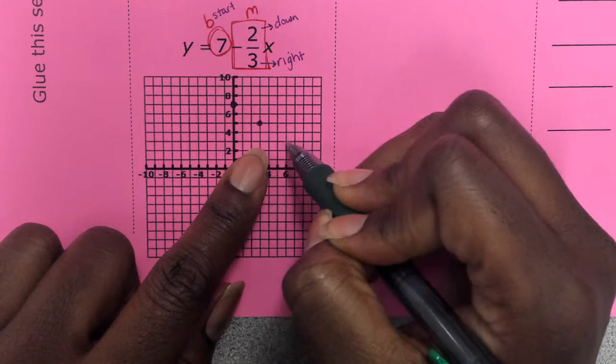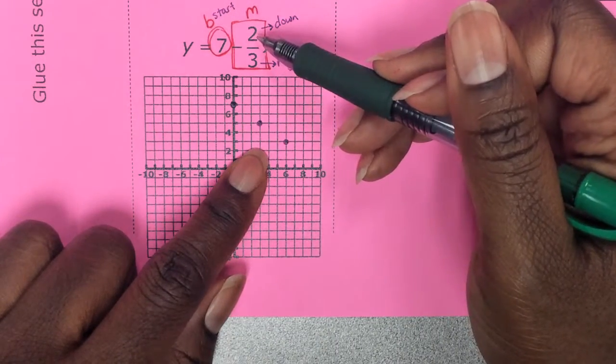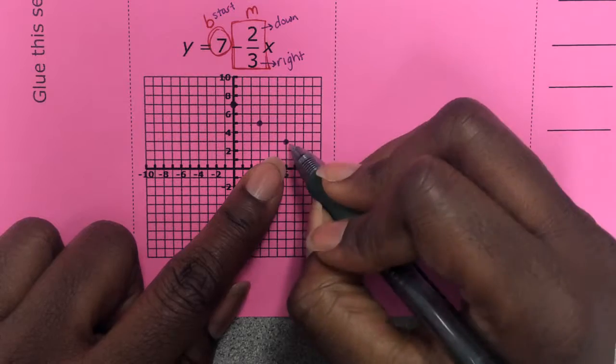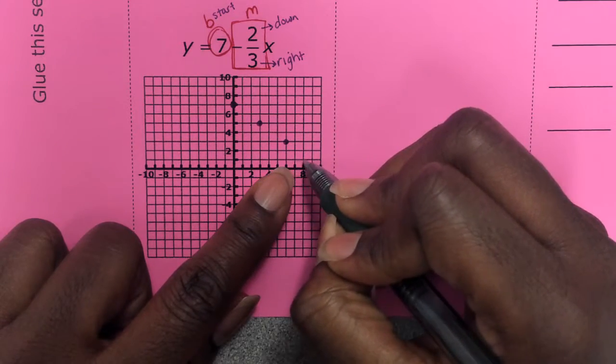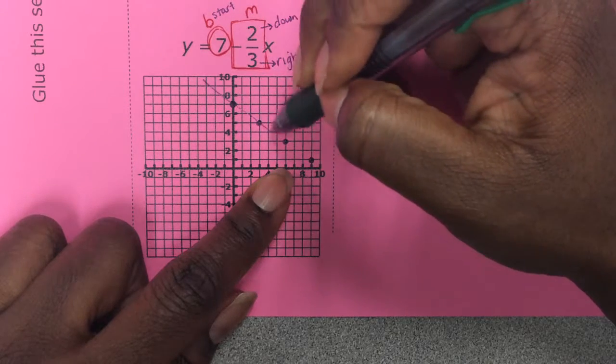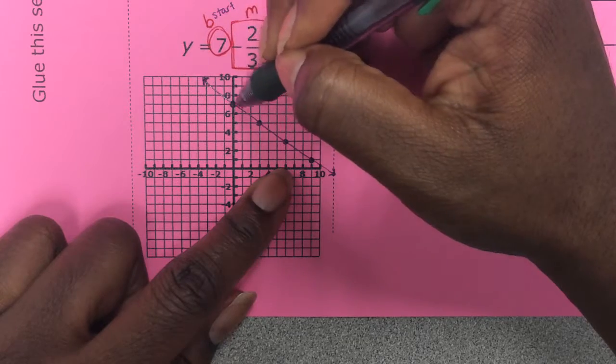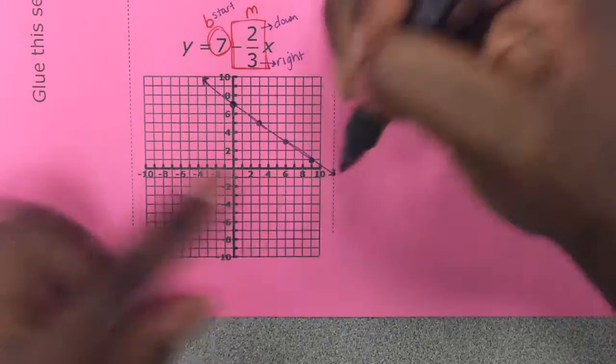Down 2, to the right, 3. Always move to the right. The top number can be up or down, but always move to the right, the bottom number. Down 2, then to the right, 3. And then just connect your points as straight as possible. Remember, I've been doing this for a long time. That's why mine looks super straight, if it even looks super straight.